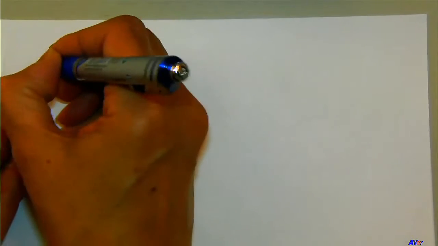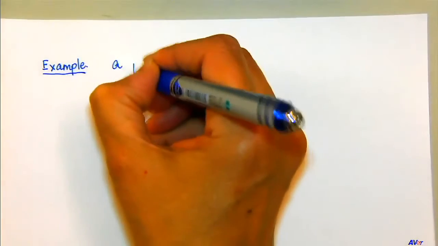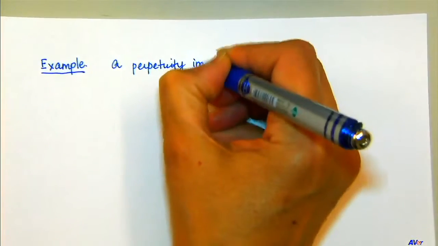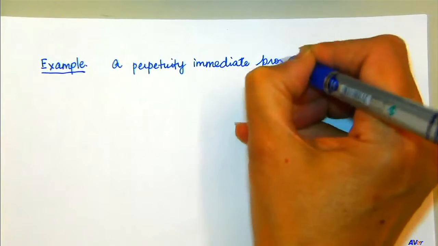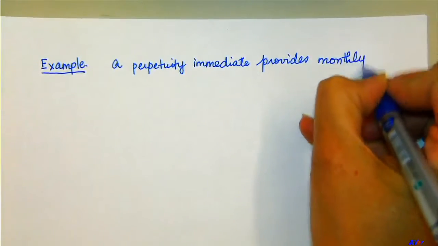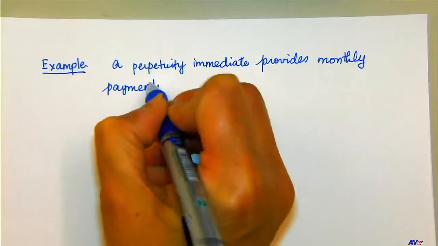Okay. Let's do a problem. Example, it's not in your notes. A perpetuity immediate provides monthly payments of 500.